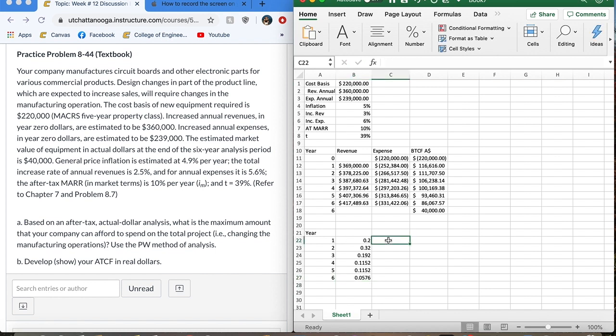Okay, so now to get the next part that we need for this problem, you're going to take this value and multiply it by this 220,000. Enter. You should get 44,000, and then you can just drag this all the way down to year 6. Oh, that needs to be an absolute reference up there.